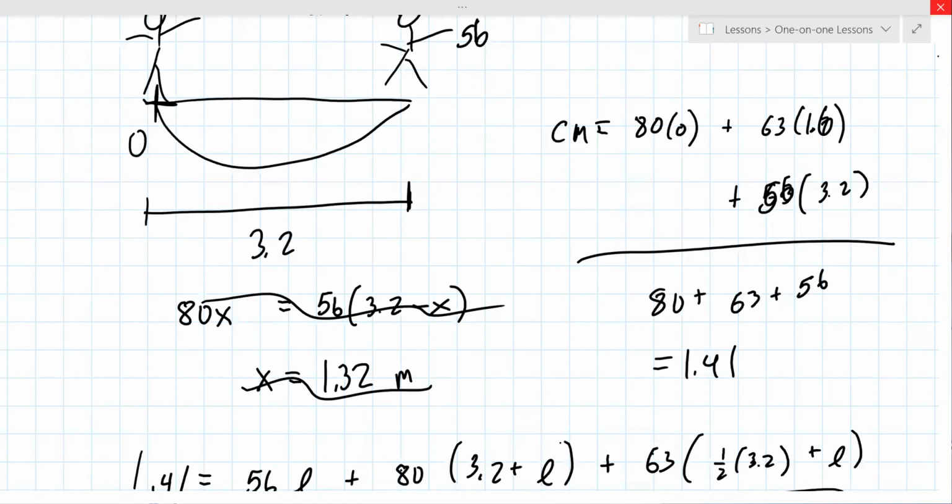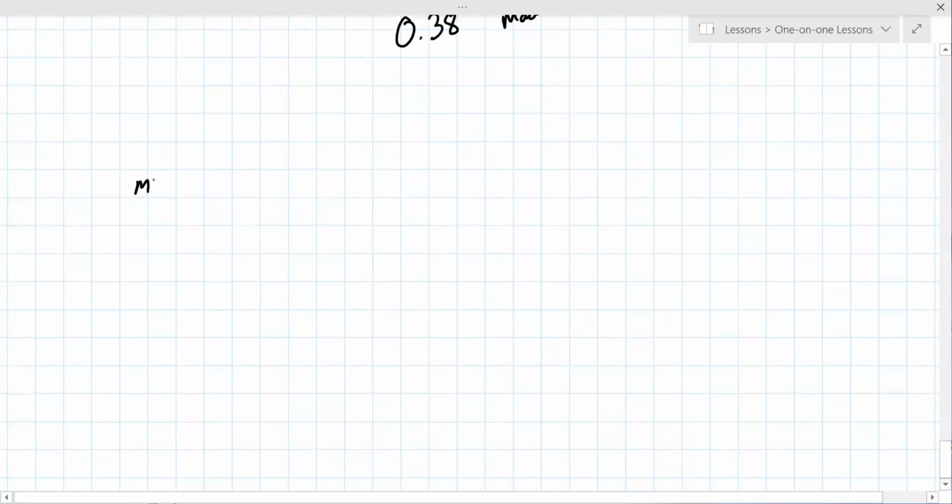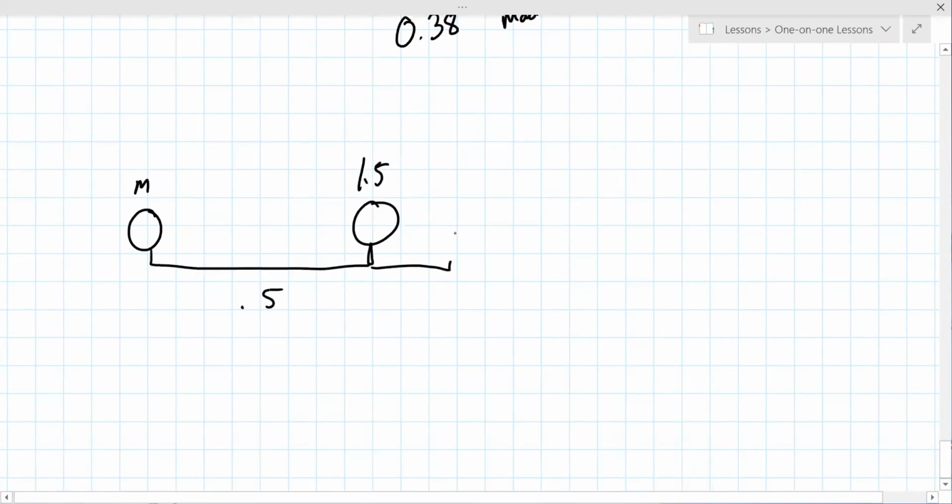It has 0.5 on the bottom and 0.25 between the 1.5 and 1.1. So you have M here and you have 1.5. Those are 0.5 meters apart, and the 1.1 is 0.25 apart. Yes, correct.